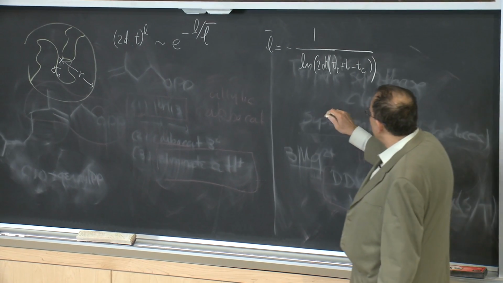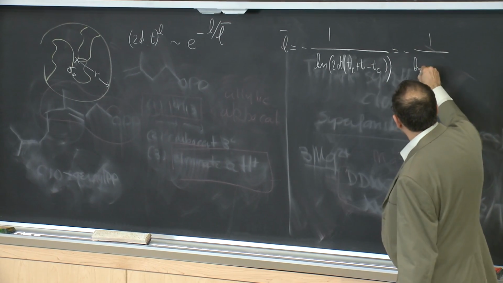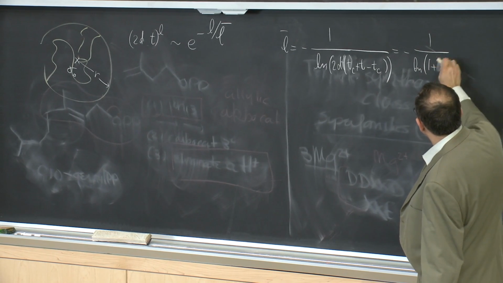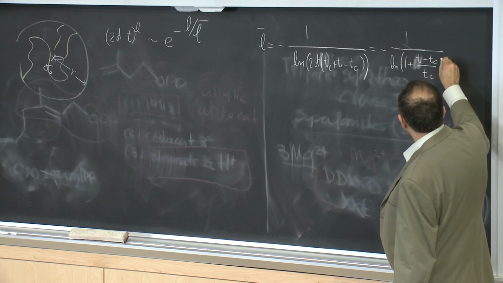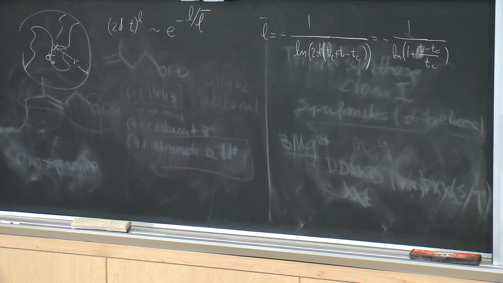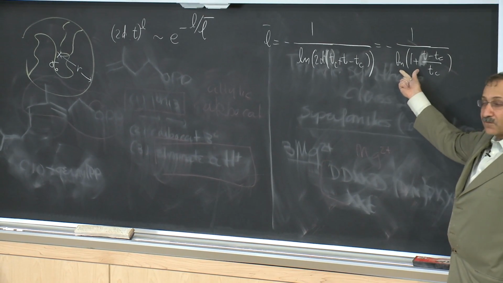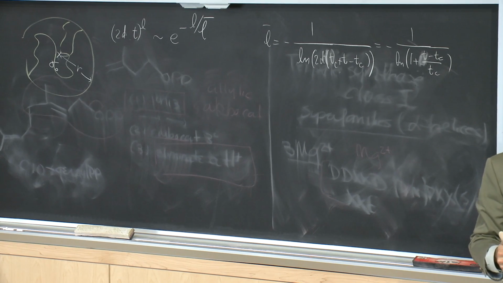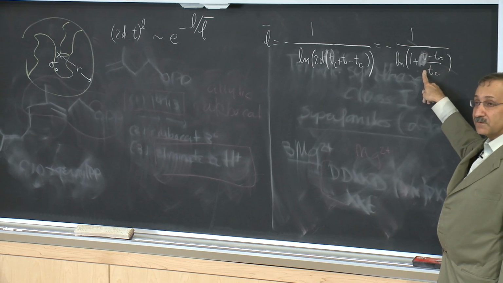Two dtc is by construction 1, so this is minus 1 over log of 1 plus something like 2d, which is 1 over t minus tc, t minus tc over tc. Now, log of 1 plus a small number, so if my t approaches tc, this log will behave like what I have over here.